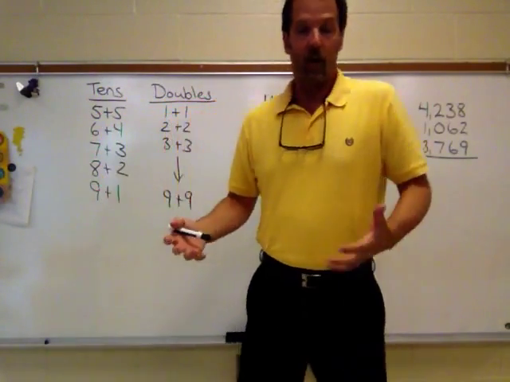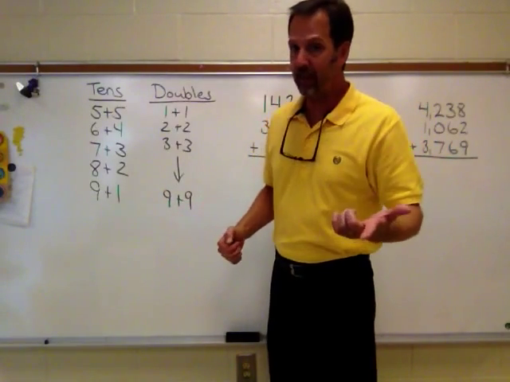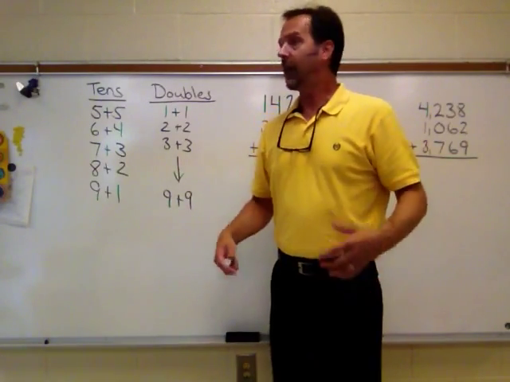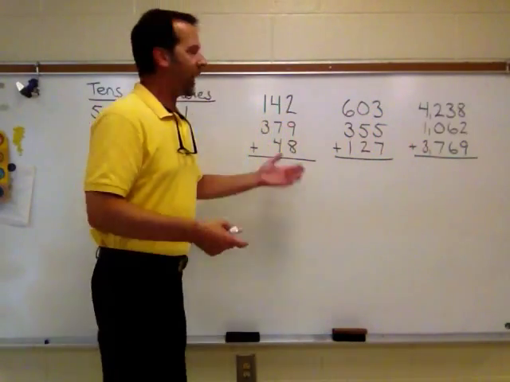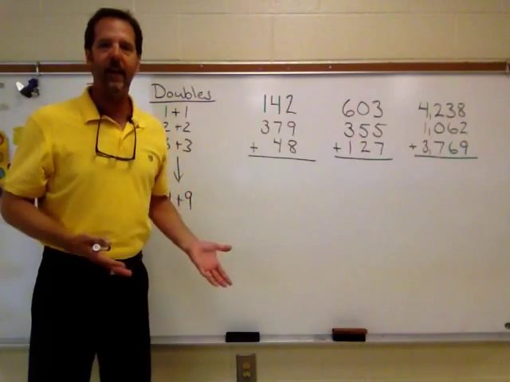Doubles, for some reason, are real easy, and kids remember them. I bet you know all of your doubles. 7 plus 7, 14. 6 plus 6, 12. 8 plus 8, 16. So if you can find your doubles, that'll take a lot of the numbers out of the way, and then you can just simply count on if you need to at the end.